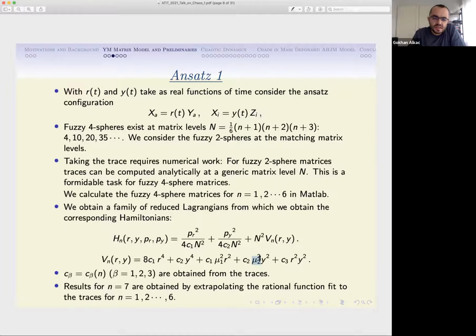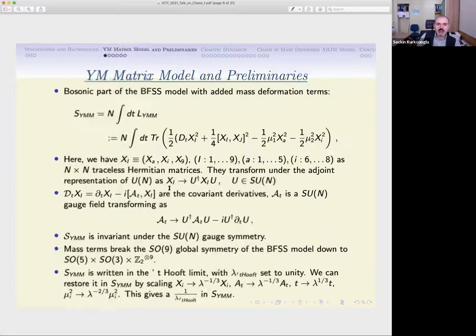They carry the same sign as the mass terms, right? Because you have mu squared in the mass terms. Well, it doesn't have the dimensions of mass, but it carries the same sign as the mass terms. So if C1 is negative... All these coefficients C are conventionally picked to be positive. So what we do is the following.